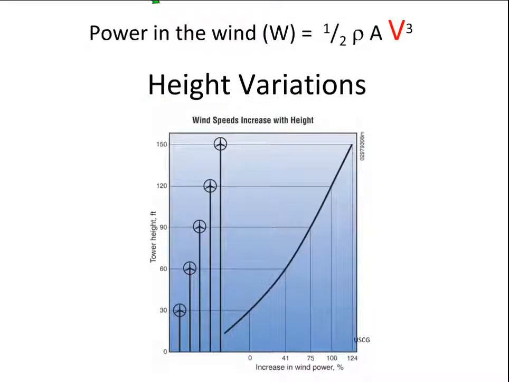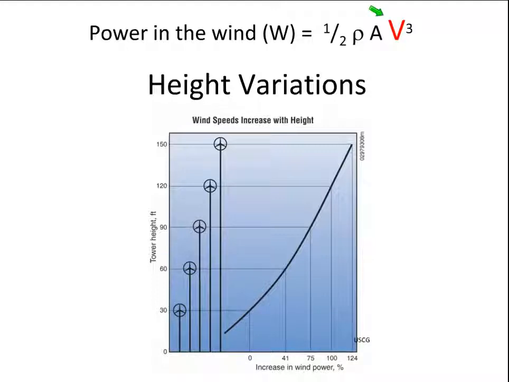So we're going to look at some other things that we can affect. Obviously, the velocity is something that you don't really think you can affect, because we cannot affect how much the wind blows. But what we can do is affect where a wind turbine is placed and how high it is placed. Putting a wind turbine in a good location is important, but getting it off of the ground is also very important.